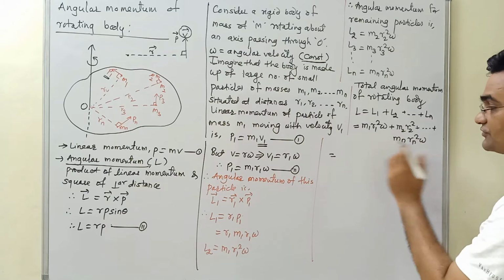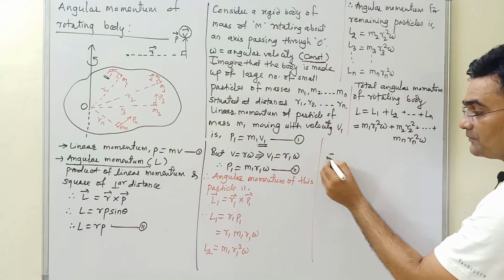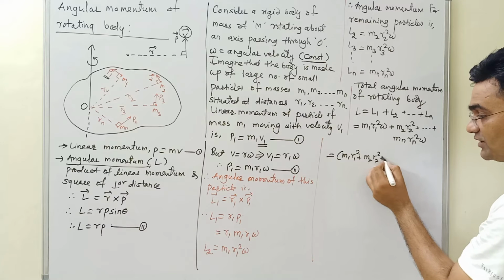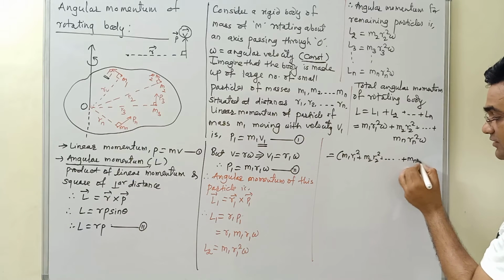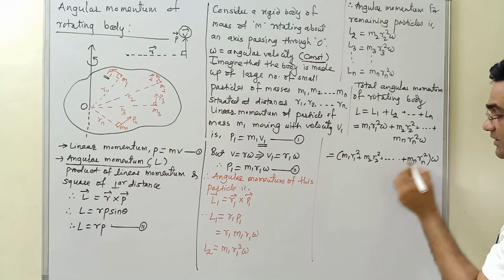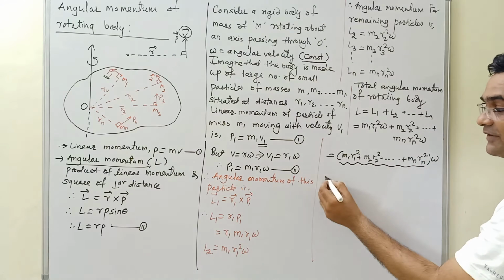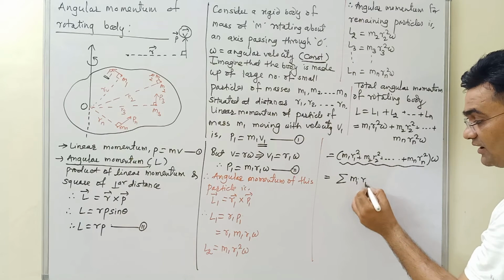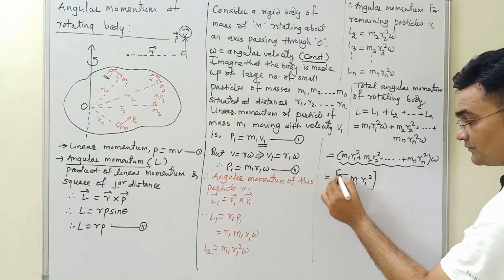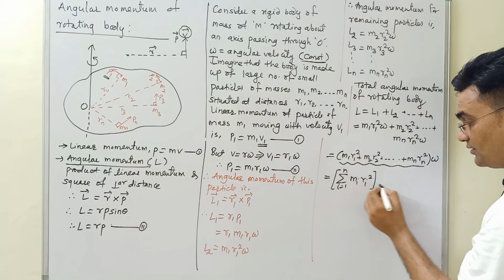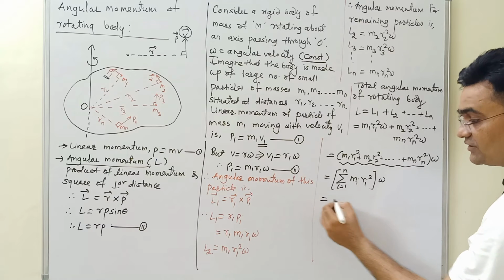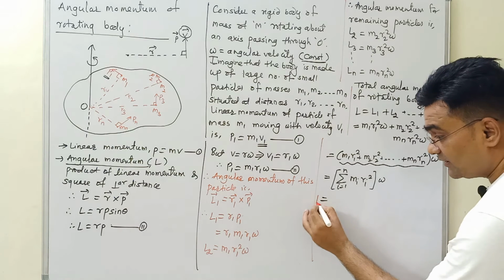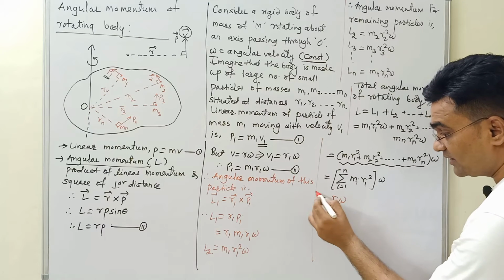As you can see, omega is common, so I can write m1 r1 square plus m2 r2 square up to mn rn square, into omega. We are familiar with this term. We can use the summation symbol to write this as the sum of mi ri square from i equal to 1 to n, into omega, and this we call the moment of inertia of the rotating body. Therefore I can write L equal to I into omega.